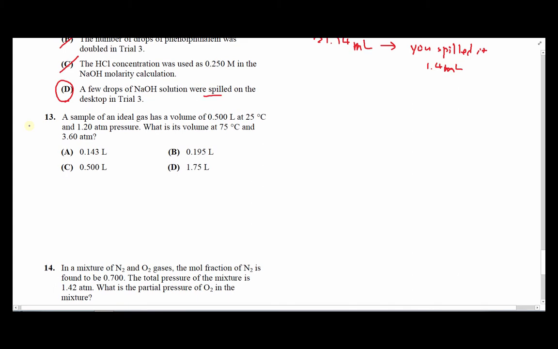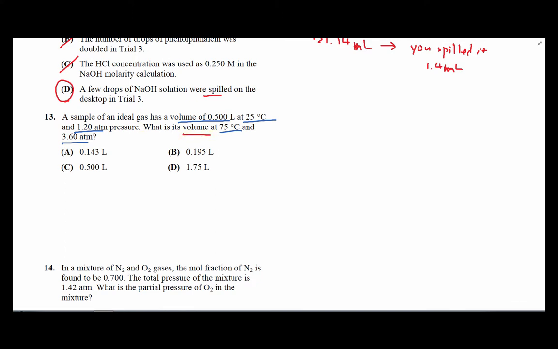A sample of an ideal gas has a volume of 0.500 liter at 25 Celsius and 1.20 atm pressure. What is its volume at 75 Celsius and 3.6 atm? We're given the volume, the temperature, and the pressure, and we're gonna tweak our temperature and pressure, and we're supposed to find the volume.